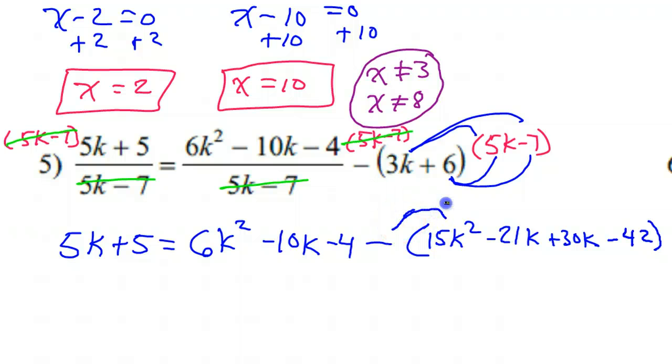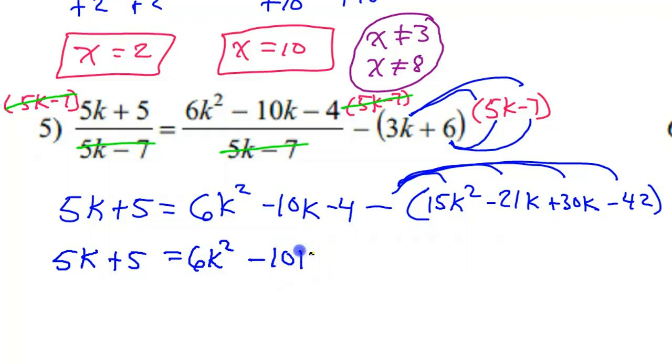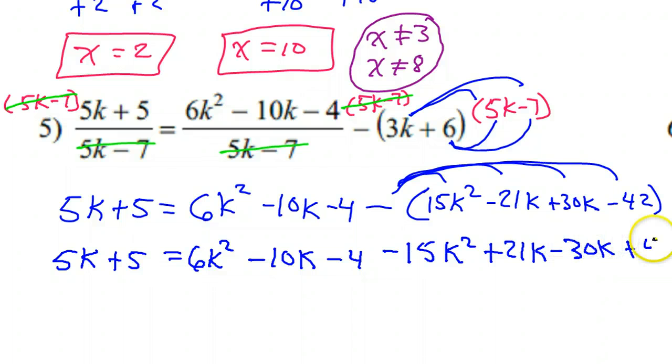Okay, now I need to distribute this minus sign. So I'm going to bring everything else down. So I've got 5k plus 5 is equal to 6k squared minus 10k minus 4. Now distributing, that's -15k squared plus 21k minus 30k plus 42.